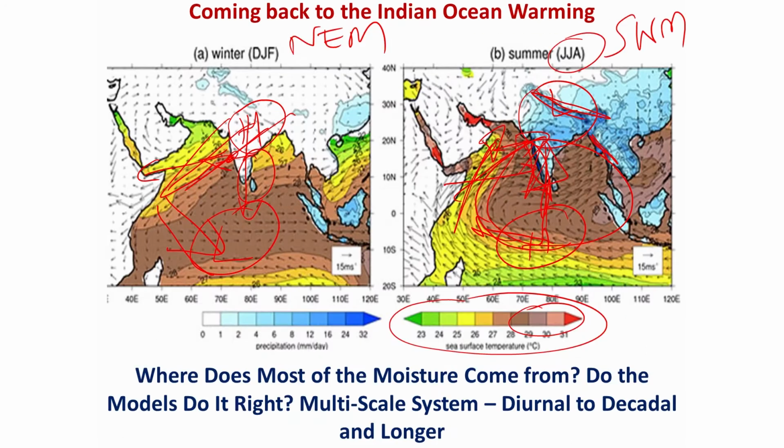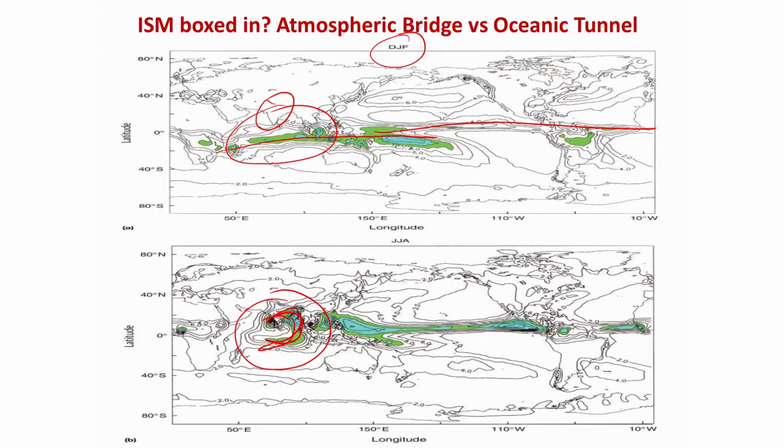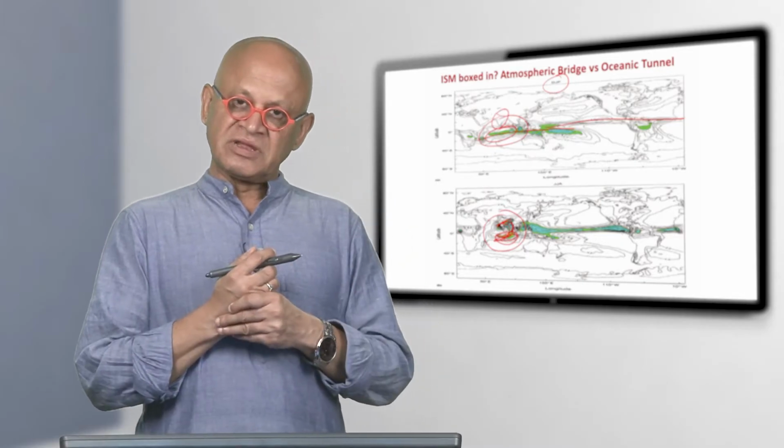Basically because the warm temperatures over the ocean do not go away throughout the year, which means it's warm enough to create convergence and rising air and rainfall on the ocean throughout the year, more during the winter months than in the summer months. But even in the summer months there is rain.